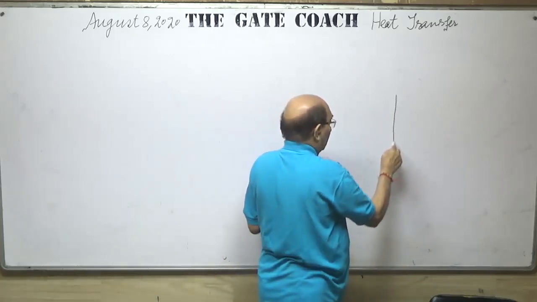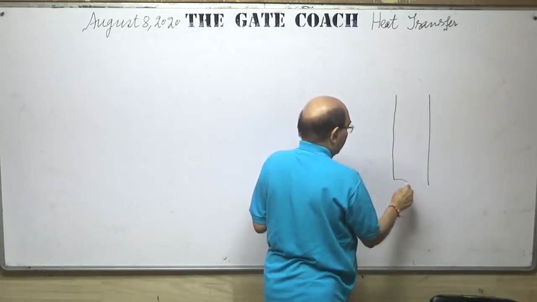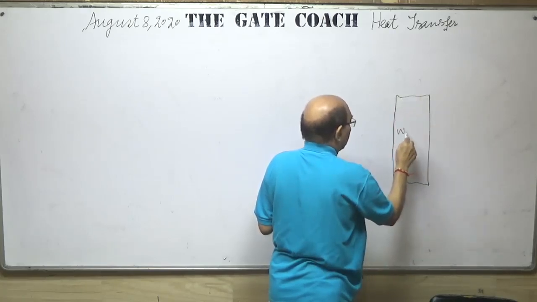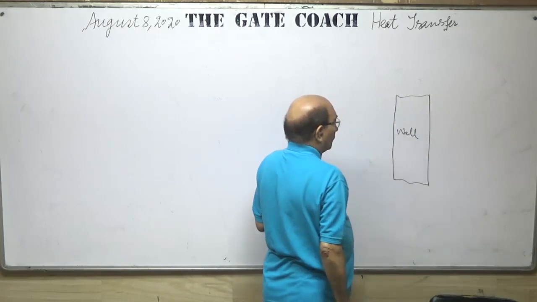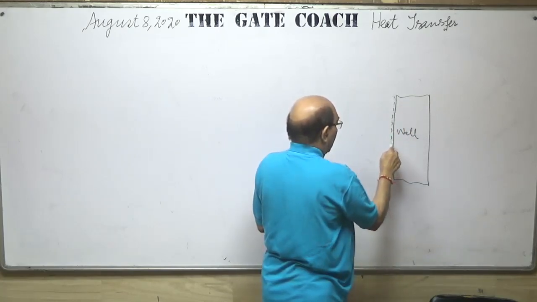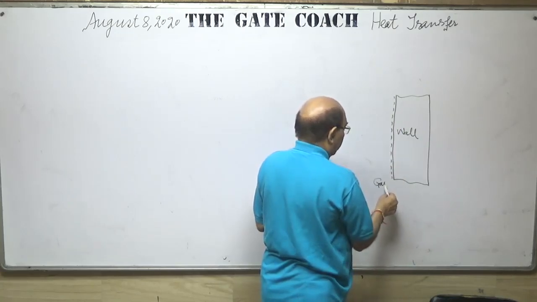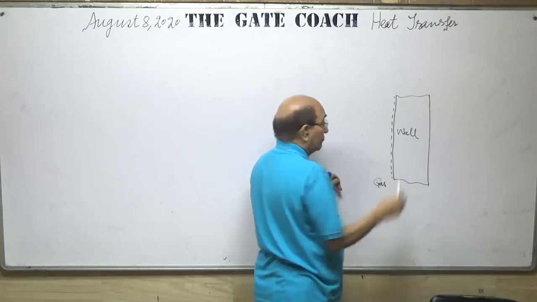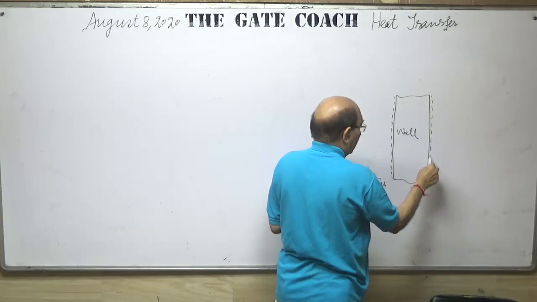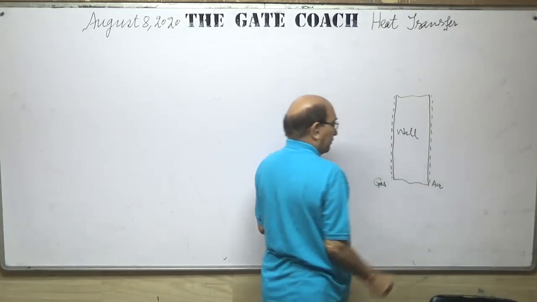Now imagine that there is a wall on this side. Some gas is flowing. This side some air is flowing.